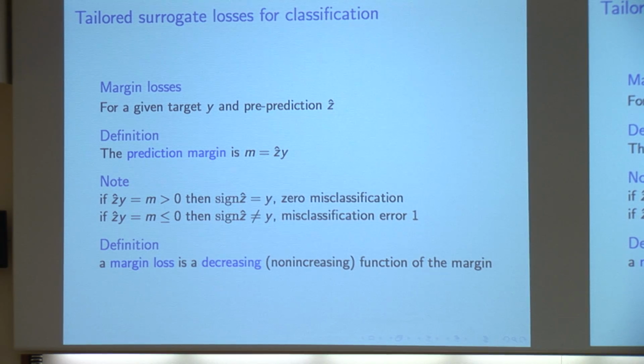So positive margin, good. If the target was negative and your guess is negative, that's also good, and it gives you a positive margin. So margin is just the product of your pre-prediction guess and the target: positive good, negative bad. Under misclassification error, negative would be misclassification error 1, positive would be misclassification error 0.